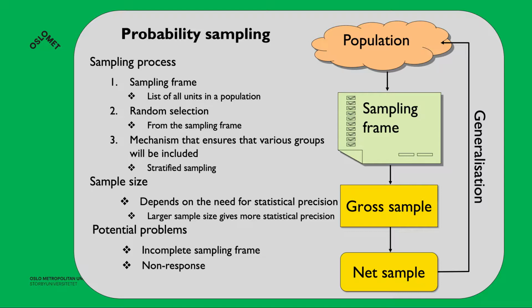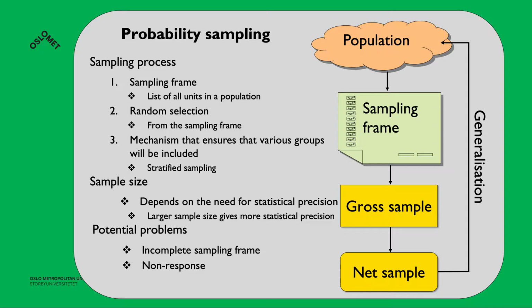We can stratify according to where people live, so we ensure that we draw some people living from this village. Or we can stratify according to sex. If it's half men, half women in the population, we stratify according to sex, for example.